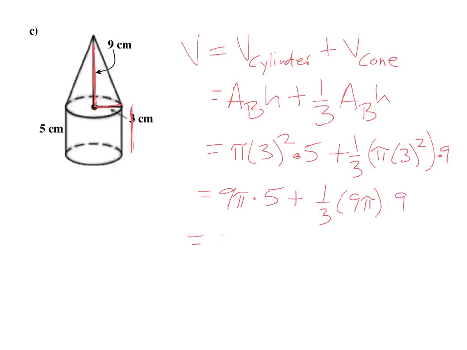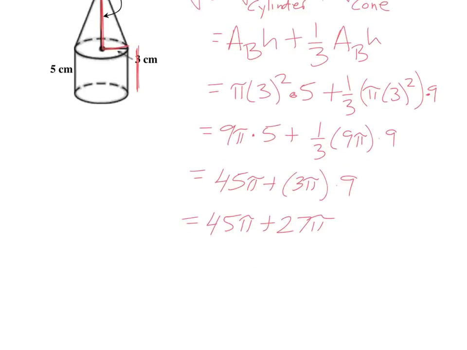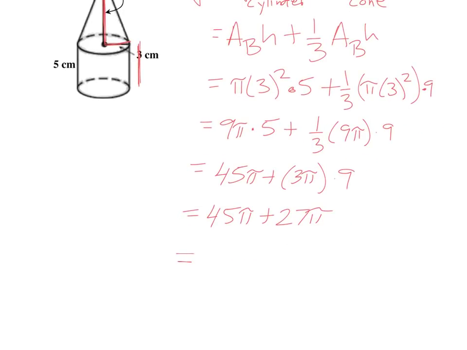So I have 9 times 5, which is 45 pi, plus 1/3 of 9, which is 3 pi, times 9. 45 pi plus 27 pi. So you have 72 pi. That's the volume, and it's centimeters cubed.